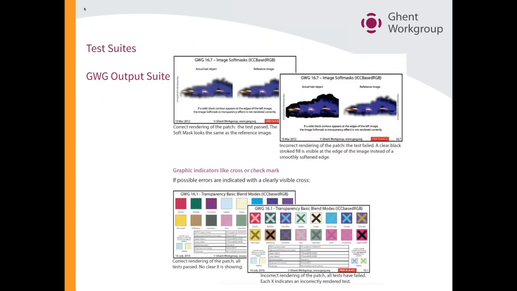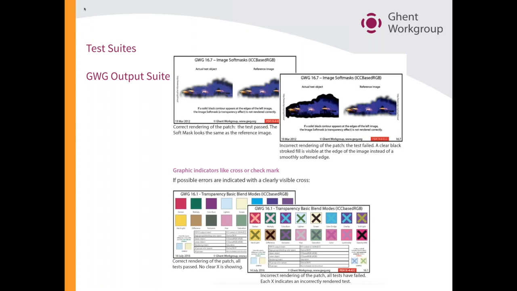We tried to build the suite in a very simple way, or simple to interpret, meaning if you look at the output, you should immediately be able to tell whether it's good or bad. Perhaps not to know why it's good or bad, but at least to know whether it's good or bad.